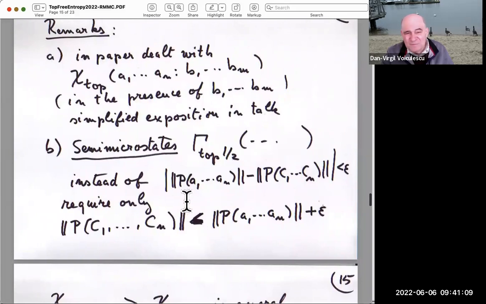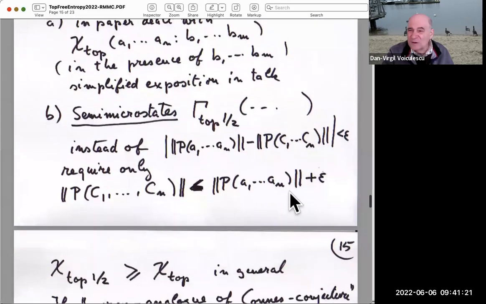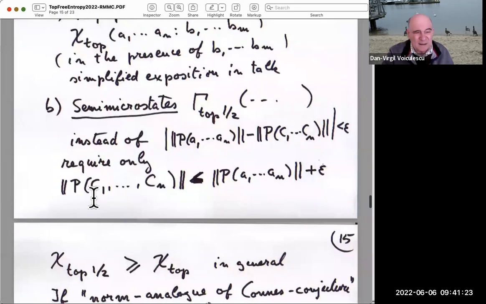And instead of assuming that the norm of the polynomial in A1, An and the polynomial in the microstate C1, Cn are within epsilon, one requires only an inequality. One will require that the norm of the polynomial in C1, Cn should be less than the norm of the polynomial in A1, An plus epsilon.